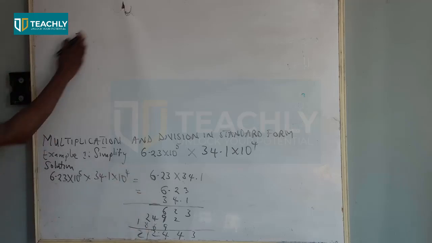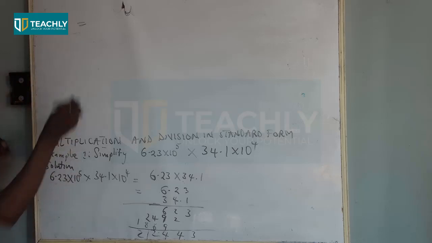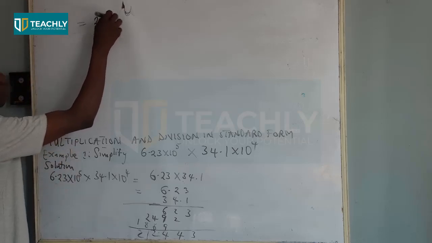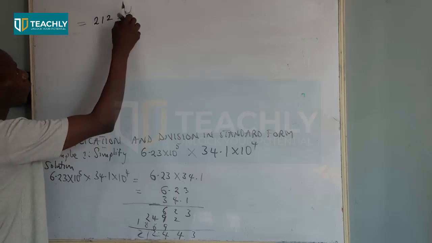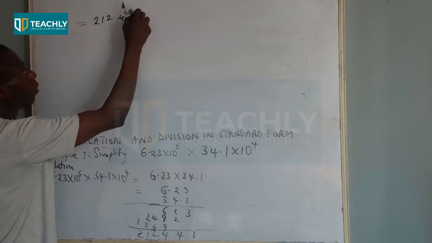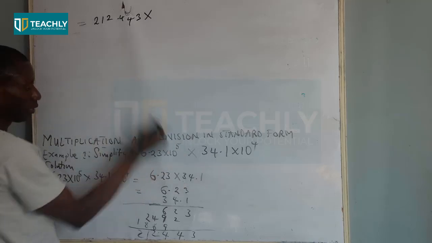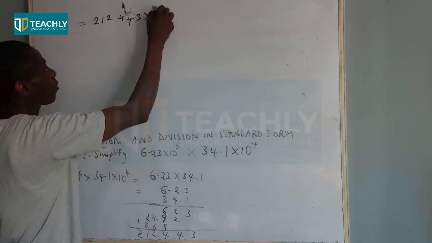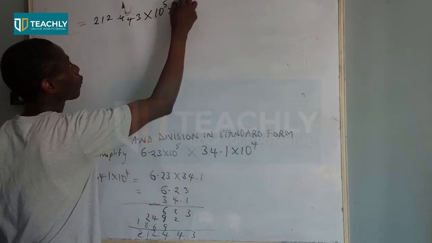So what you are supposed to do now is, when you multiply this with this, it gives us 212.443, multiplied by 10 power 5, then times the other one, 10 power 4.